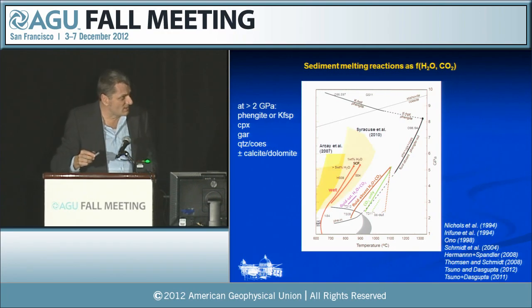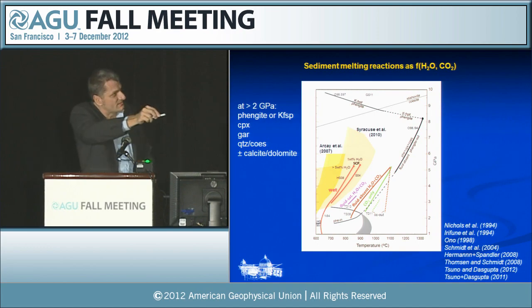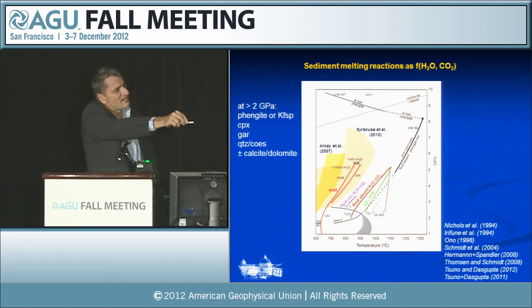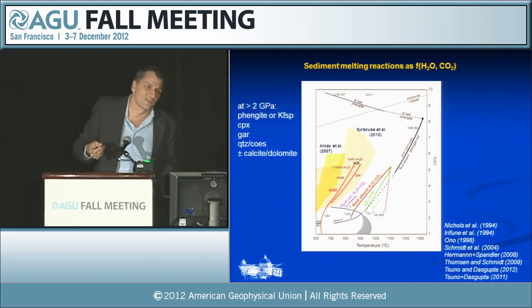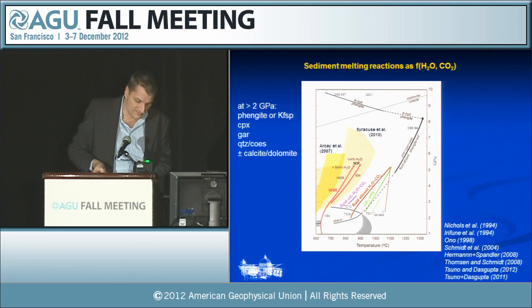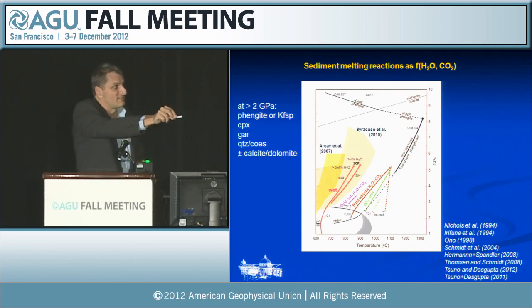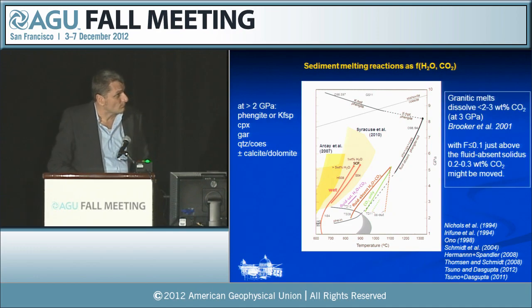And if you put some PT paths on this, this is a set by Arc, and this is a set by Syracuse et al. You see you might get to the wet solidus, but you never get to these reactions. You can argue what is the right temperature there, and so on, but this is really outrageously high. Nobody really claims that you have 1,000 degrees at 3 GPa at the slab surface interface. Of course, you can get there if you produce sediment diapirs. Yes, that's a different story.